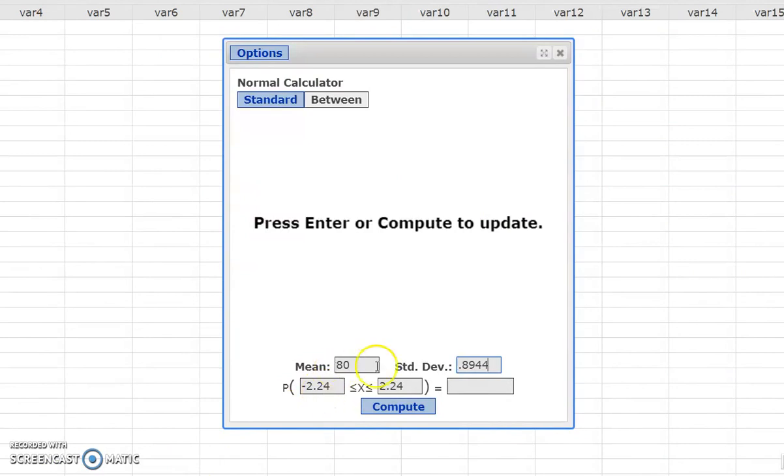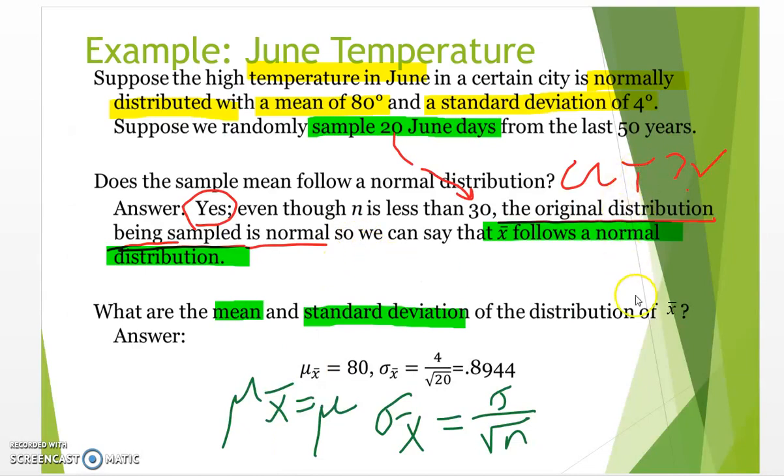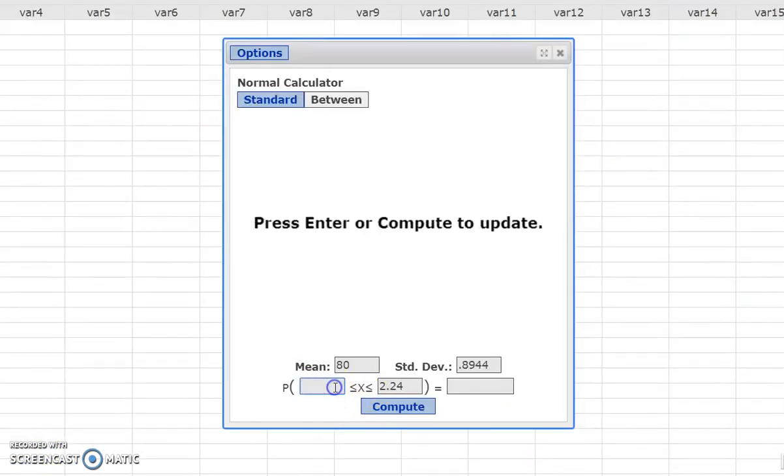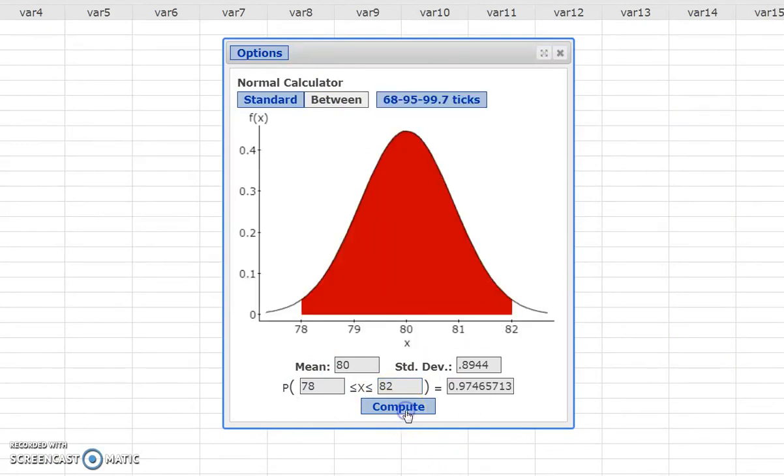So change those two values, and this time you are interested in the sample mean itself. According to the original question, we're going to do between 78 degrees and 82 degrees. So we do 78 and 82 and hit compute.